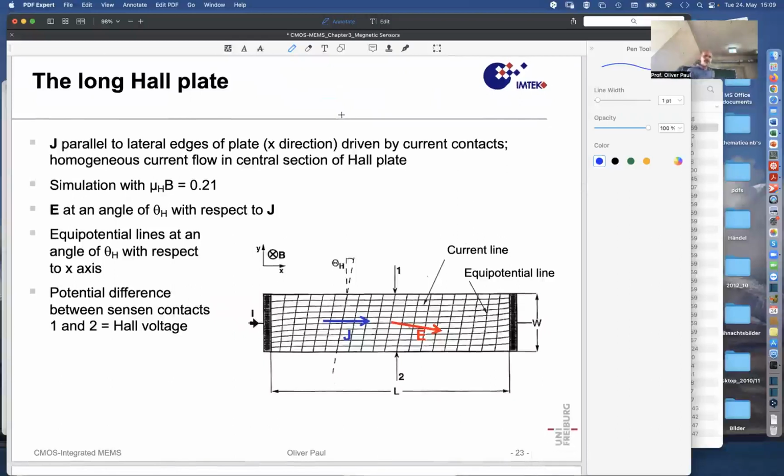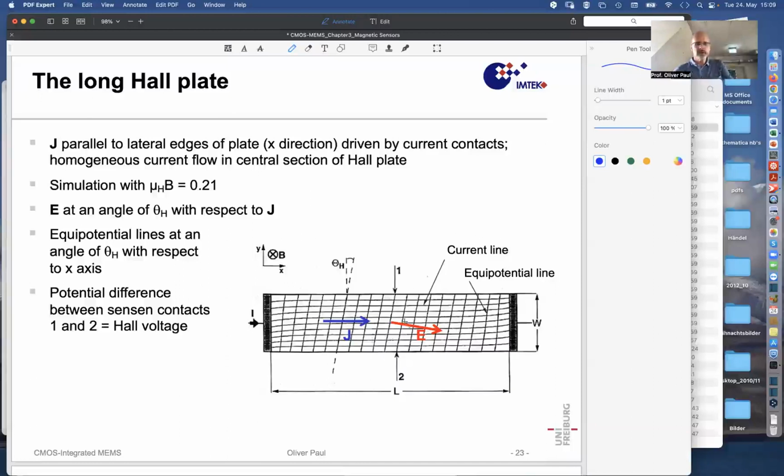The long Hall plate is a conductor that is significantly longer than it is wide. It can have contacts that are extended on the sides. And then the resulting flow lines in this conductor, at least in the middle section, sufficiently far away from these distant contacts, are horizontal. There is this horizontal flow, flux density J, whose direction is prescribed by the geometry of the device.